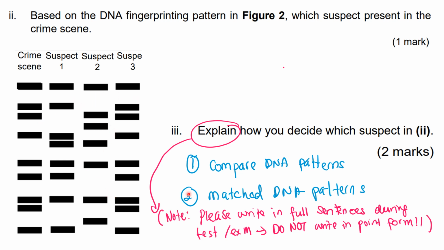That is the first point. For the second point, after you have compared, make sure that the DNA pattern of the suspect matches the DNA pattern obtained from the crime scene. If they match, it means that the suspect is the culprit here. That is the second point.